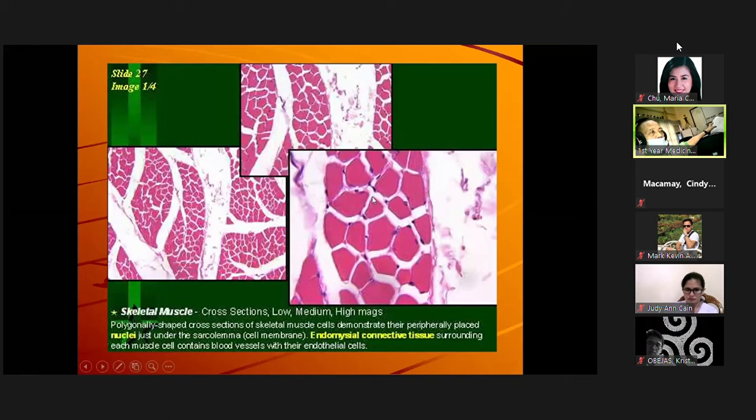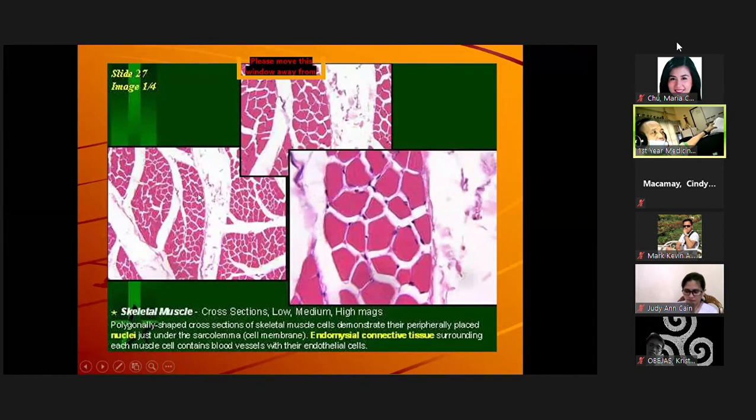The covering of this one muscle fiber is what you call now the areolar, or the loose connective tissue. Now, if you look at this one here, this is several muscle fibers or muscle cells. So therefore, the covering of this is now dense connective tissue because it covers several muscle cells, or it is a bundle of muscle.